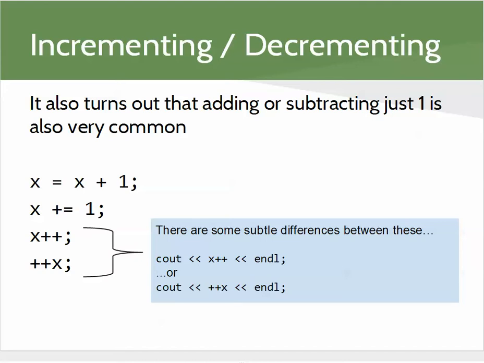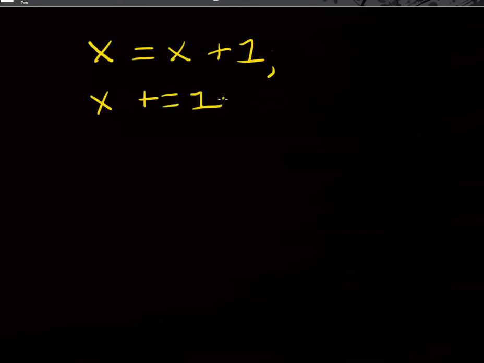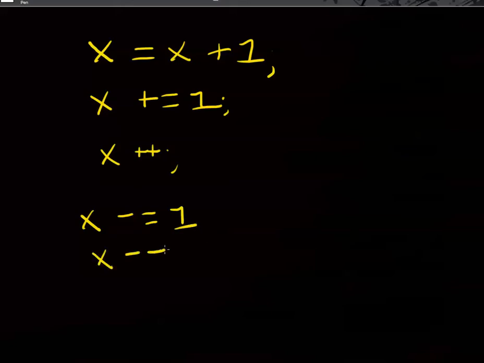So if we switch back over here, you want to recognize that x equals x plus 1 is perfectly fine. We could also do x plus equals 1, but far more commonly, if it's just incrementing by 1, we'll do x plus plus. X minus equals 1 will probably be written as x minus minus.